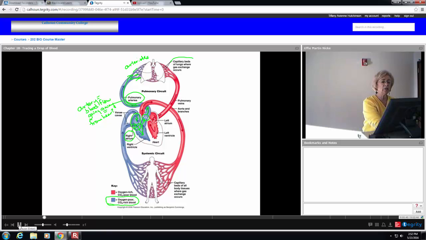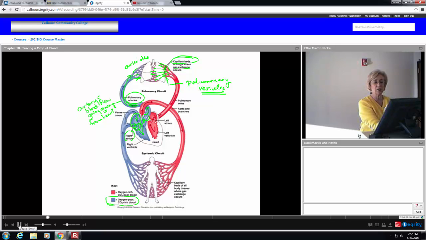And that's going to happen when you get to the tiniest little branches in the lungs called the capillary beds. You're going to have gaseous exchange here. And then these tiny little capillaries are going to start growing back together to form larger vessels, still inside the lungs, that we call pulmonary venules.